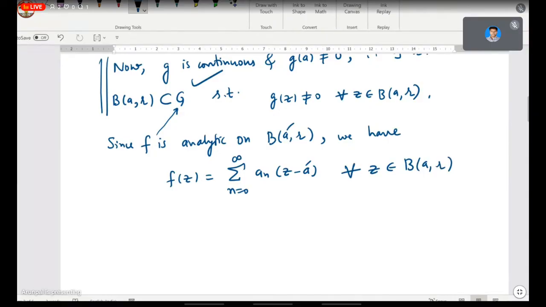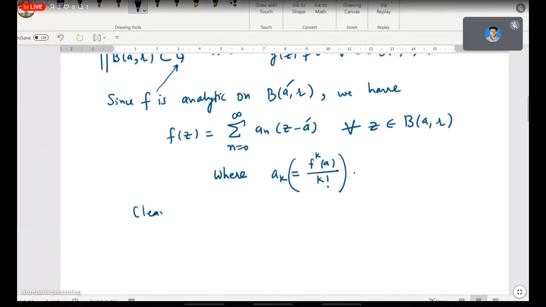We can write its power series representation, class, where it is easy to note the a_k's. If you remember, the coefficients were defined like this. Yes or no, class?